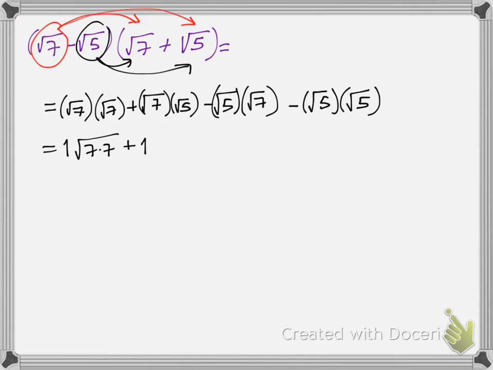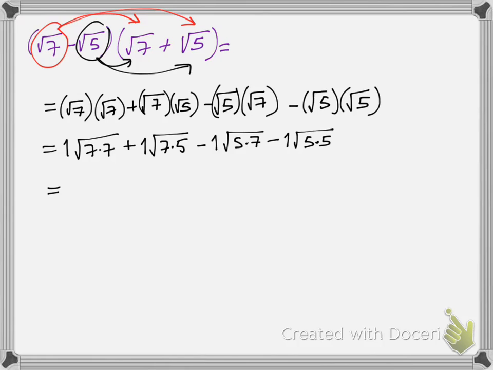So again, we have 1 in the first product, and we have the product inside the radical of 7 times 5. Then we have a negative. The product of the coefficients is 1 times 5 times 7, minus the product of the coefficients 1 times the product of the two numbers inside the radical, 5 and 5.